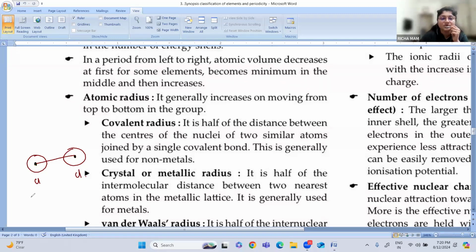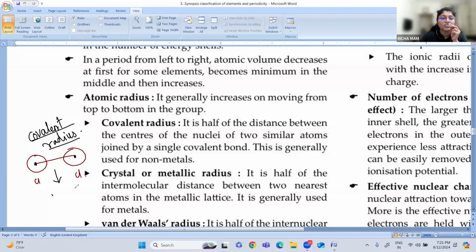So what we are doing is taking the center nuclei and joining them. So this is half of the distance between the centers of the nuclei of two similar atoms, joined by a single covalent bond. This is called the covalent radius. Where is it present? Covalent radius is in the non-metals.